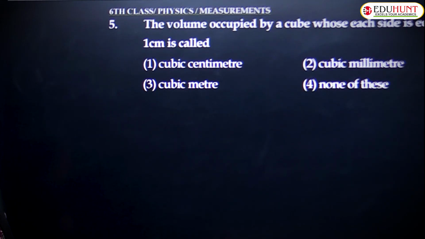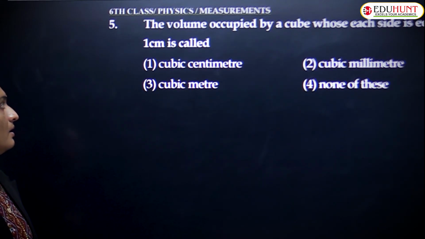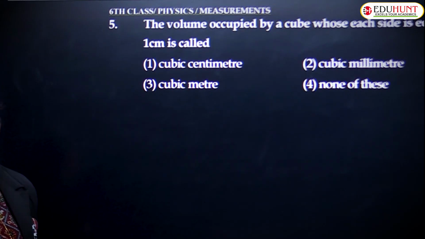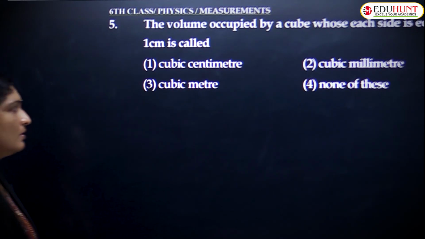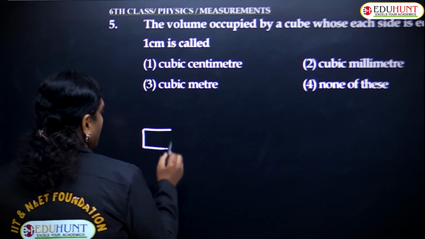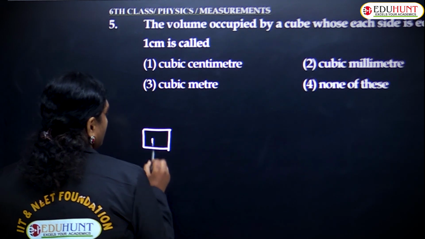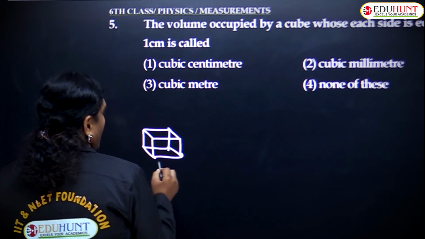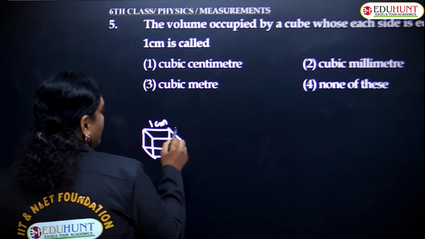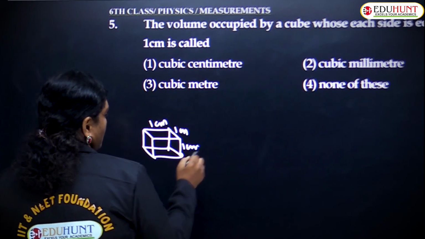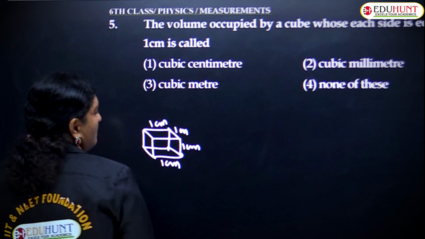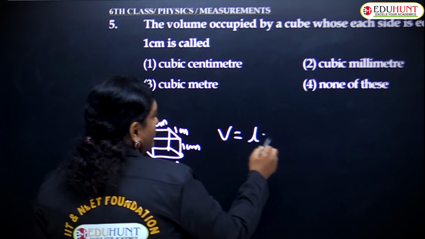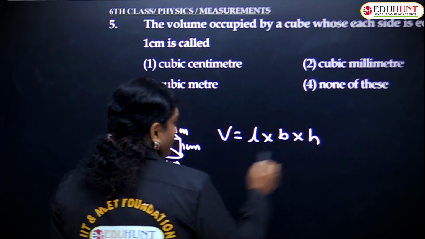Okay, children, moving ahead. The volume occupied by a cube whose each side is equal to 1 centimeter. So a small cube is given to you, something like this. Each side is given as 1 centimeter. So the volume formula is length into breadth into height.